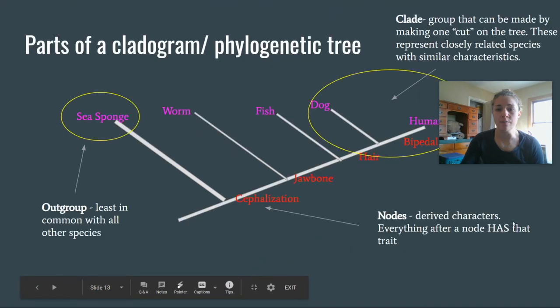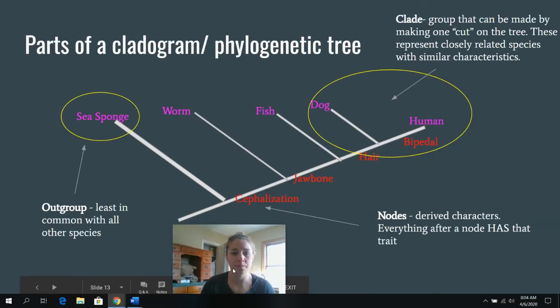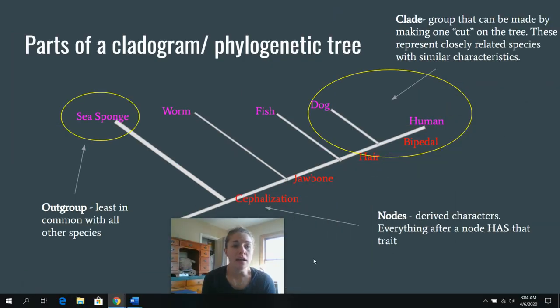On our next page, here are just some definitions to use. In this, our sea sponge is considered an out group. An out group is an organism that has basically nothing in common with anything else.